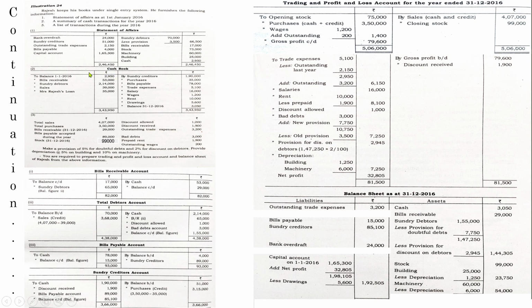Now go through the cash book where there are any items that have to be considered. See, Mrs. Rajesh loan. Rajesh has taken a loan from his wife. Even if it is a wife or relative, he has taken a loan from that particular person for the purpose of conducting business. So it is a transaction and it is a loan taken from a person. So it is a liability.